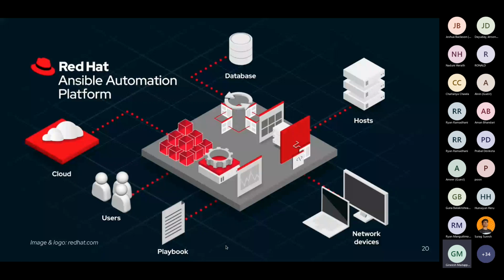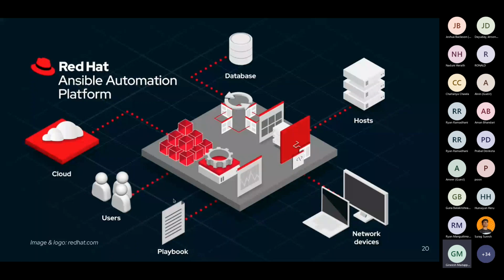It can be cloud, it can be database, your private or public cloud, your hosts like Linux, Windows, whatever the operating system versions. Then it can be your network devices like switches and firewalls, like Palo Alto, Cisco, FortiGate, any network devices. Then it can be your container platforms like Kubernetes, OpenShift. You can use Ansible to automate every operation.